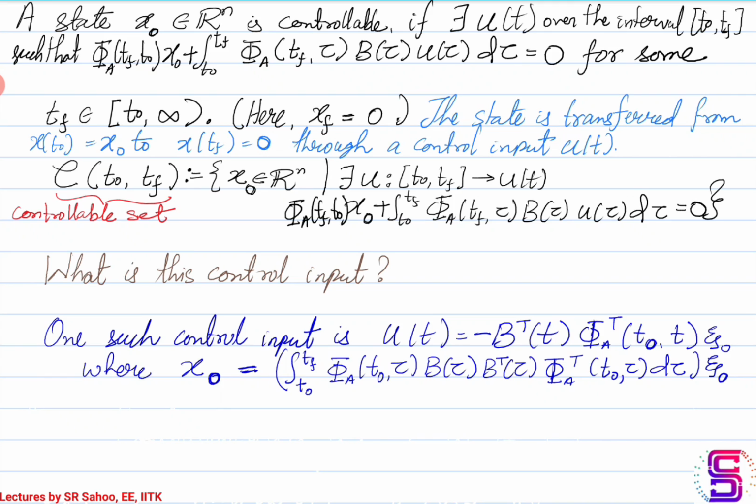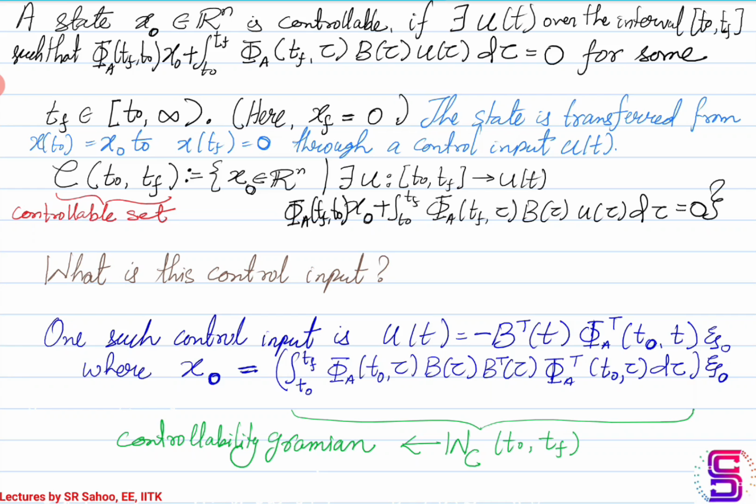So basically what we are trying to see is, can a non-zero initial state be transferred to the zero state in the time interval t0 till tf. So you should be reaching the zero state at t equal to tf. For this you should have some continuous time control input available to you.